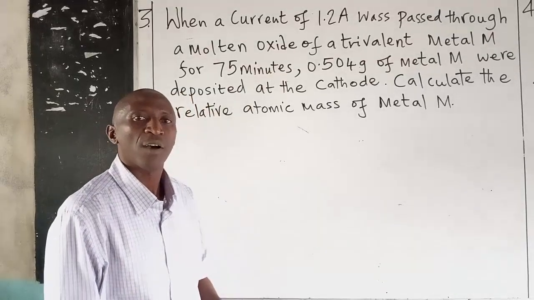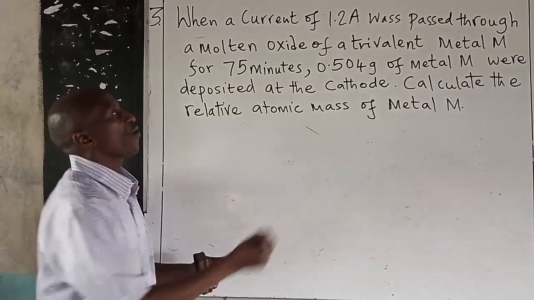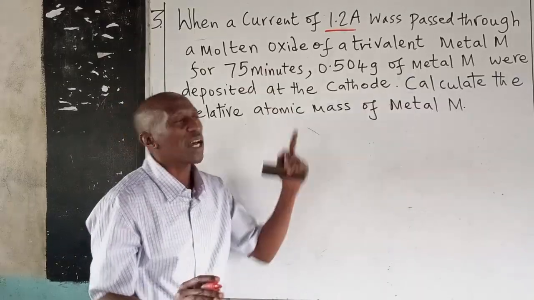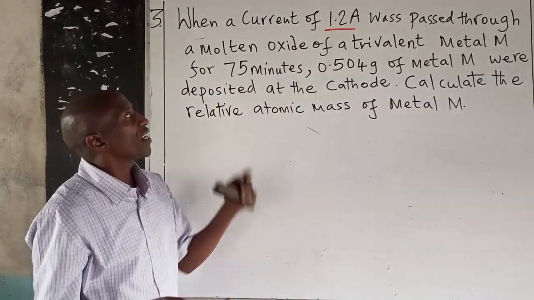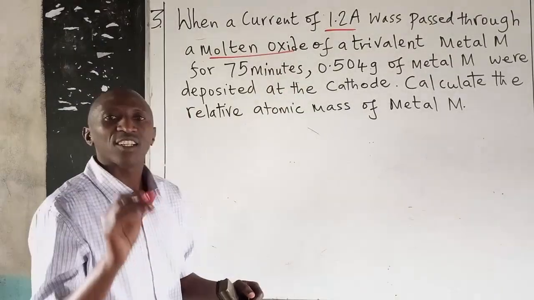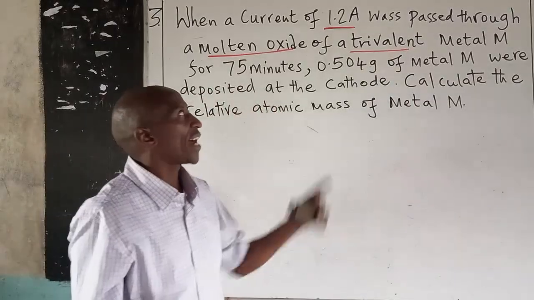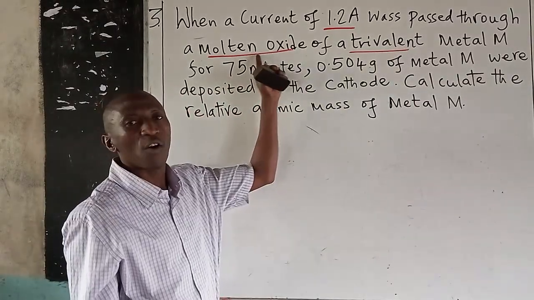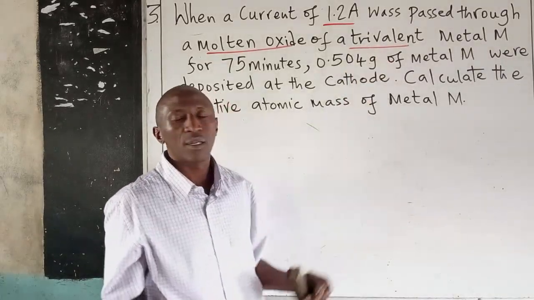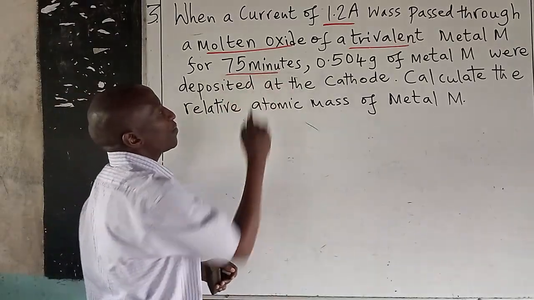In question number 3, we are looking at when a current of 1.2 amperes is passed through a molten oxide of a trivalent metal M for 75 minutes.